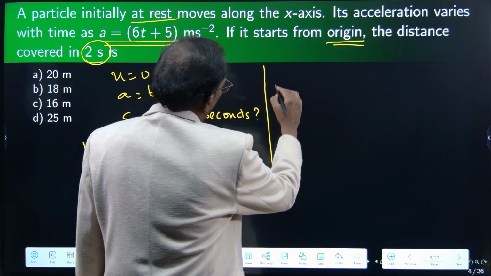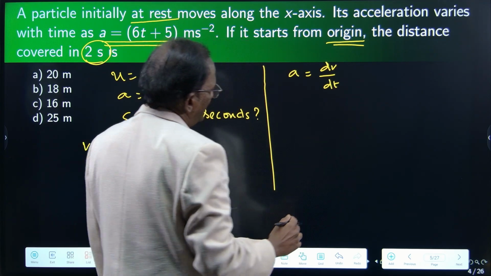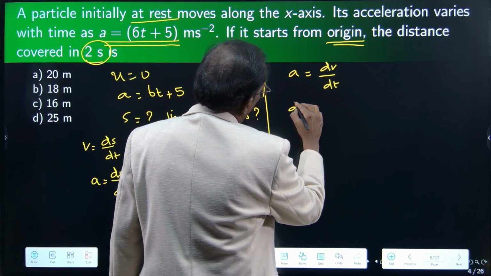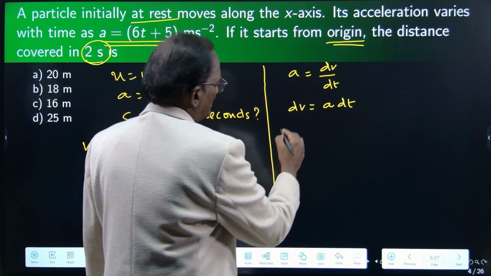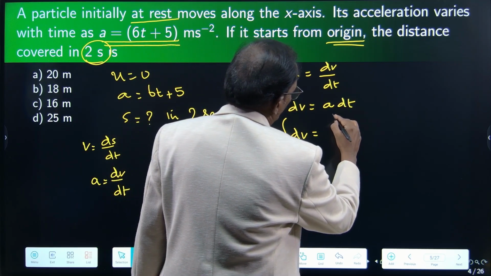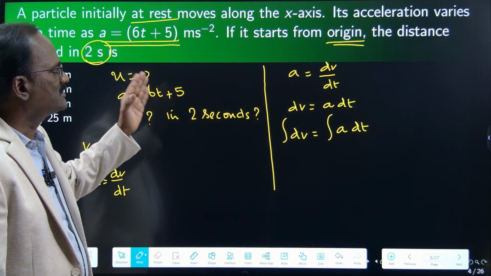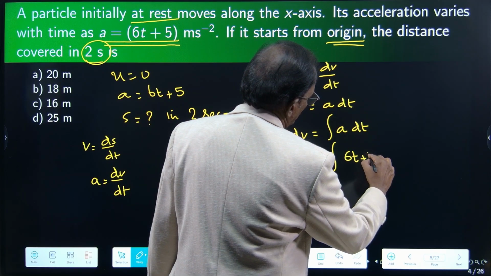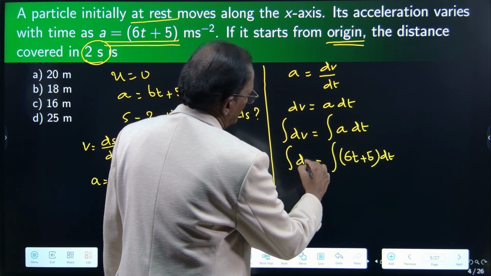Step number 1, a is equal to dv by dt. We need velocity in the first step, so cross multiply it. So dv is equal to a into dt. Then both sides integrated. Integral of dv is equal to integral of a dt. A is given, 6t plus 5, dt.